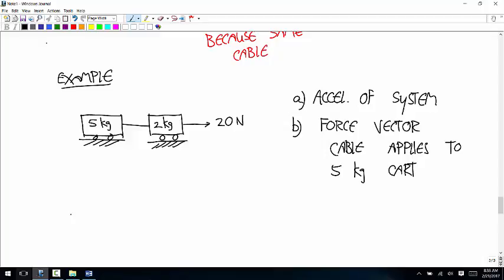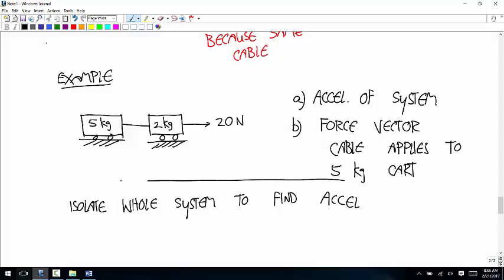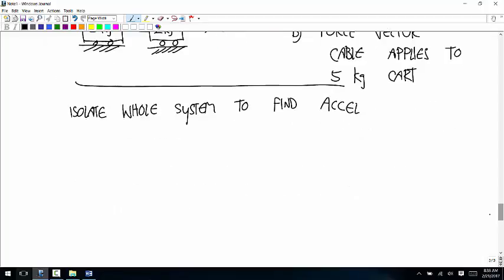Just like one body. Yeah. So what we want to do is isolate both of the two things together. Oh, okay. So isolate the whole system together to find the acceleration. So a free body diagram of the whole system.